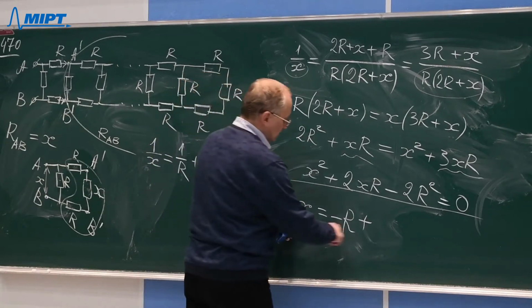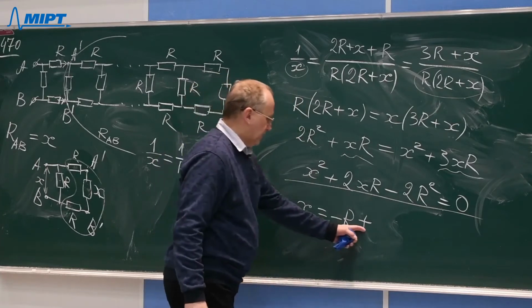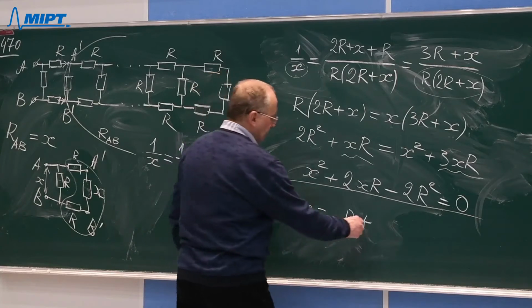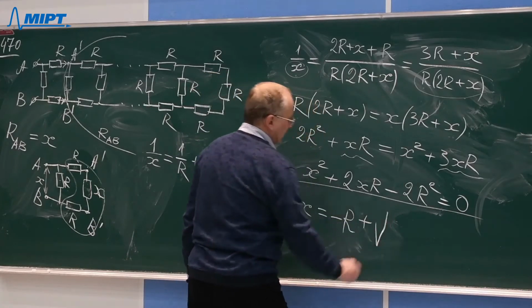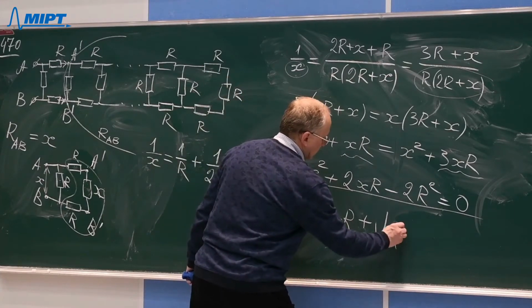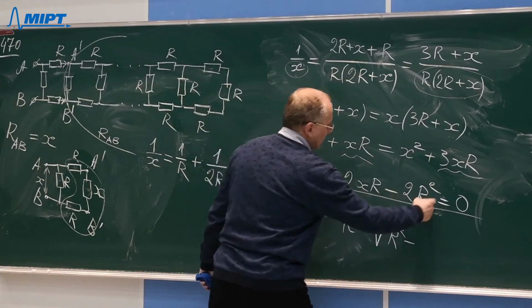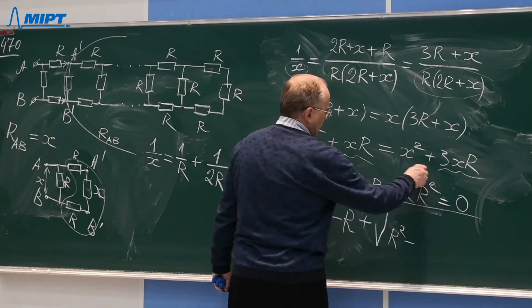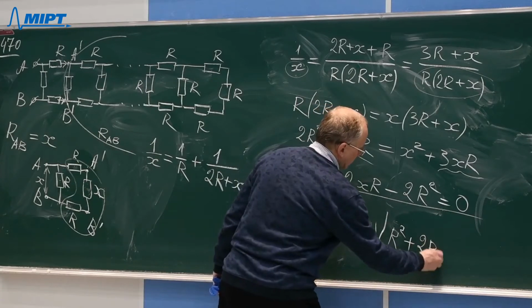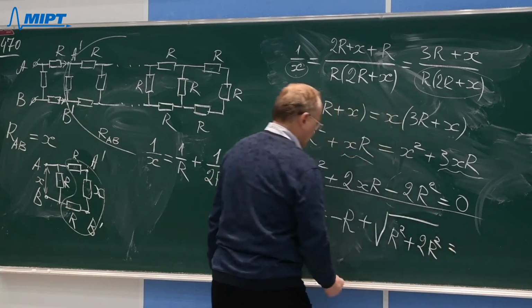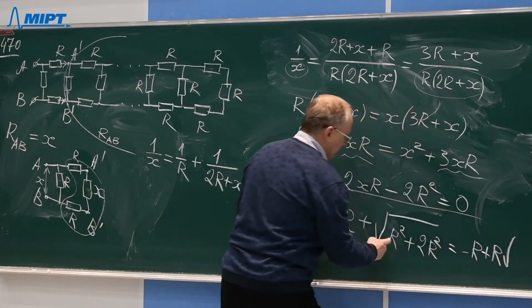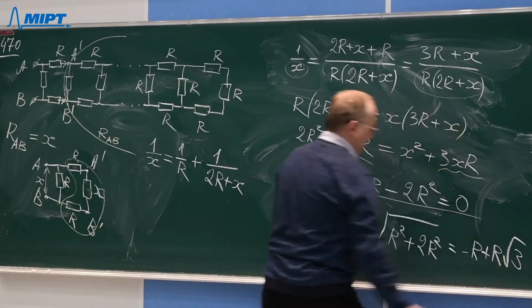So I choose only the positive sign, and that will be the square root of this quantity R squared minus this term that will give us now plus 2R squared. Yes, and that will give us minus R plus R square root of 1 plus 2, which is 3.